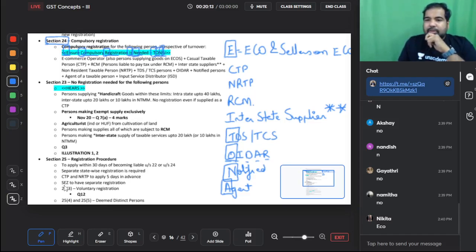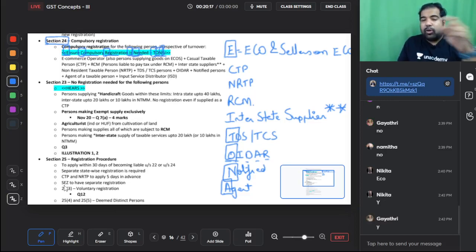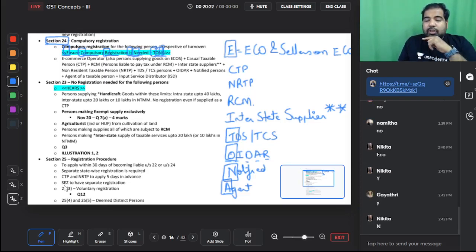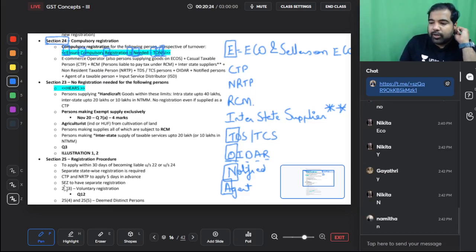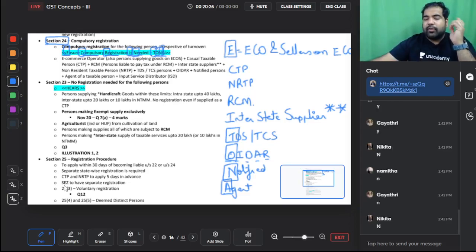Do you need to be registered? Yes. You are an agent of a petrol pump. Do you need to be registered? No. You are an agent of a natural gas supplier. Do you need to register? No. So only if your principal is registered. But what if your principal is not registered? Then you will be based on threshold based registration.